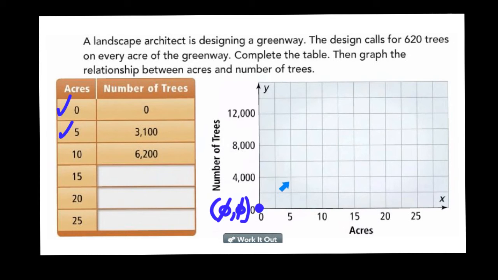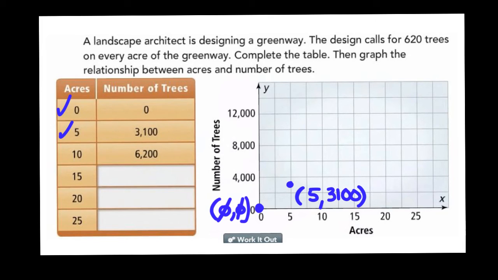Well, in between 2,000 and 4,000, halfway is 3,000. So a tiny bit past halfway must be 3,100. So I'm going to put a point there just past 3,000, and it'll be 3,100. And I'll label that 5, 3100. Actually, I won't put that comma in there so I won't confuse myself.